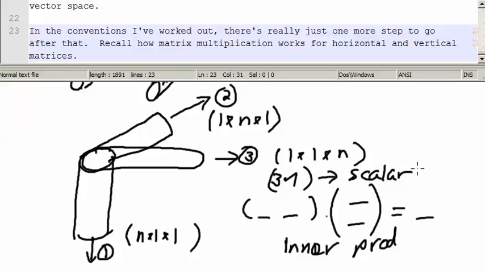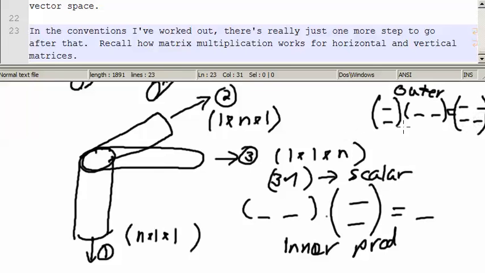On the other hand, if I multiply a vertical times a horizontal, that's an outer product. And so that'll give us a 2 by 2 matrix. So if I multiply direction 1 by direction 3 in that order, I get an outer product.